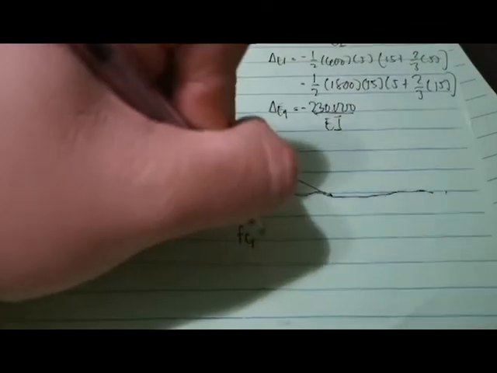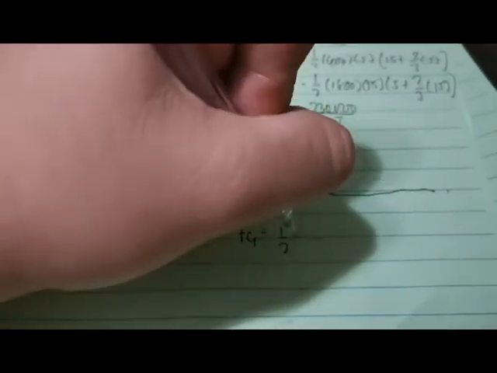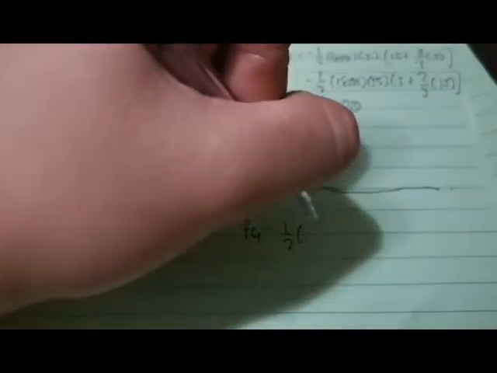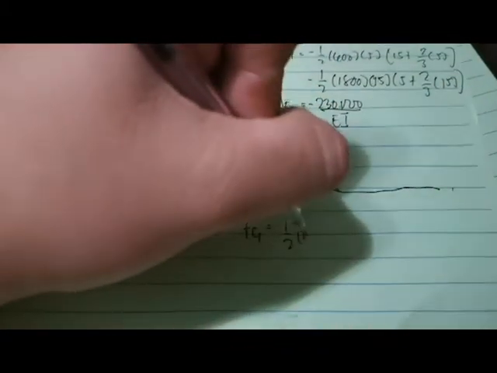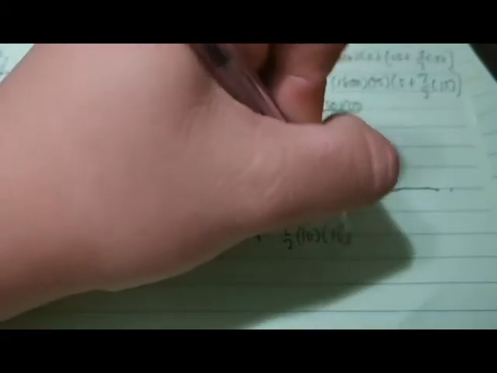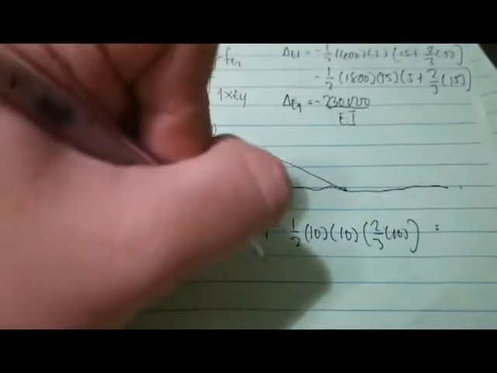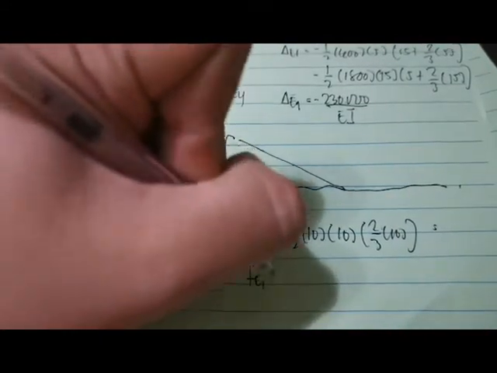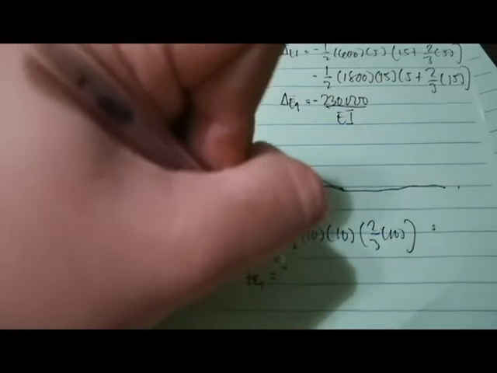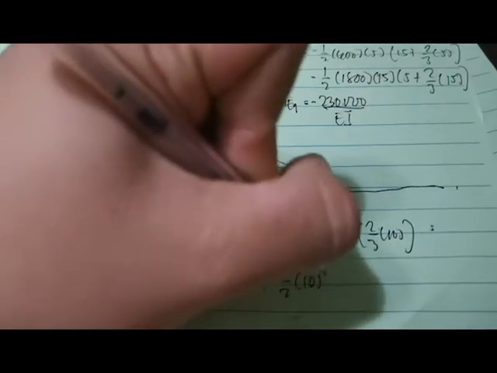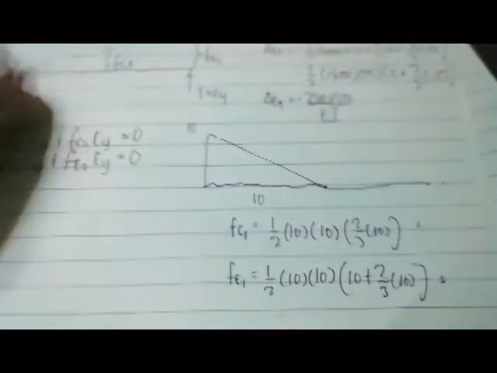is just equal to 1/2 times 10 times 10 times 2/3 of 10, and your FE1 is just equal to, no, 1/2 times 10 times 10 times 10 plus 2/3 of 10. No?